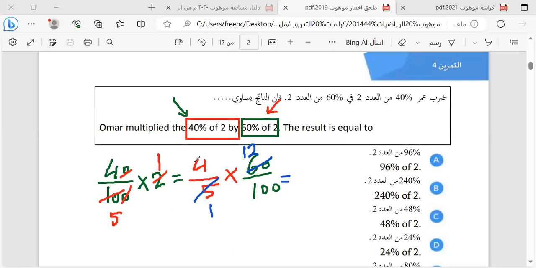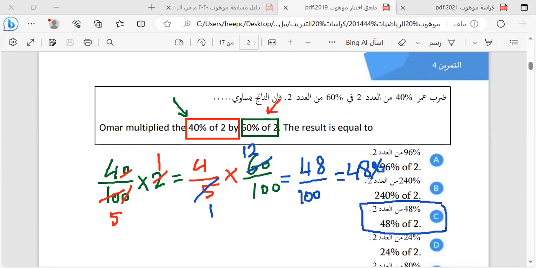So we multiply 4 times 12, which is 48, divided by 100. That means 48%. So the answer here is 48% of 2. Is it clear?